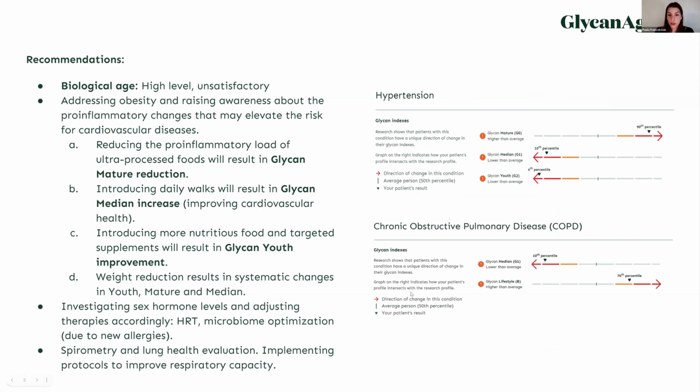Further recommendations to address the COPD overlap are to investigate sex hormone levels and adjust the therapies accordingly, and evaluate the microbiome health. This is particularly important because we know that the allergies are more severe and more frequent in the last year than they were before.